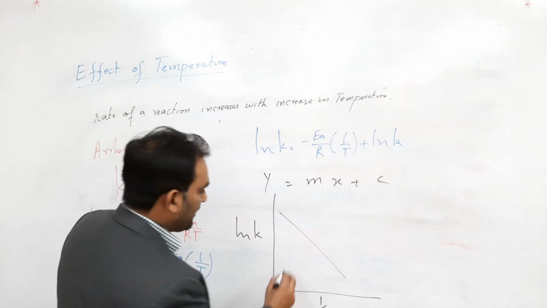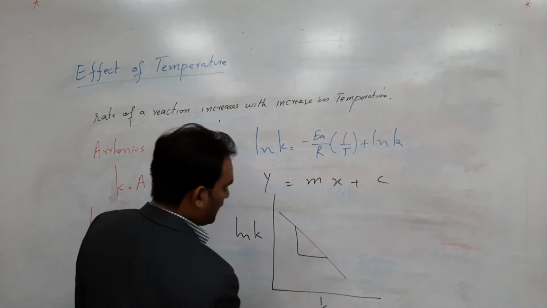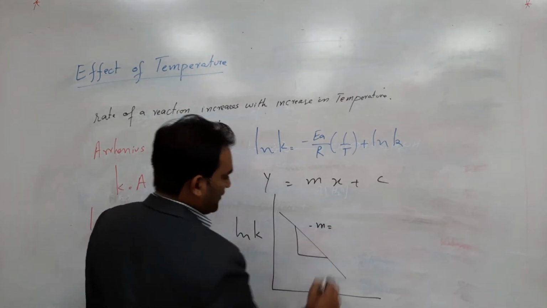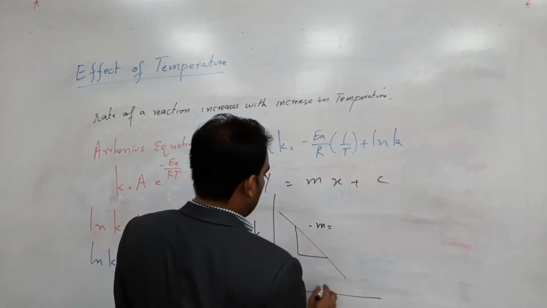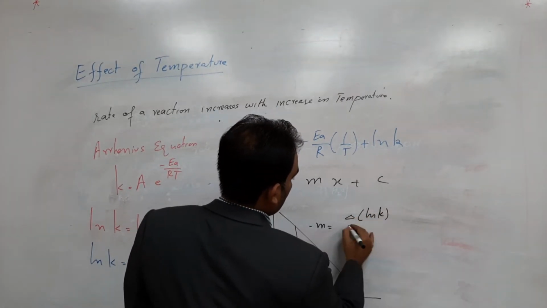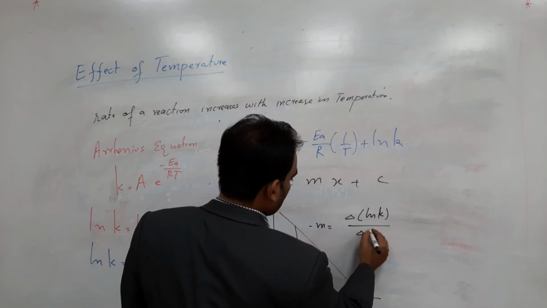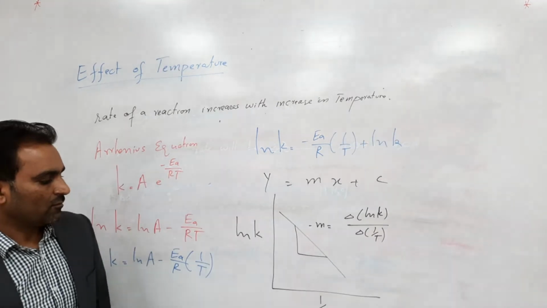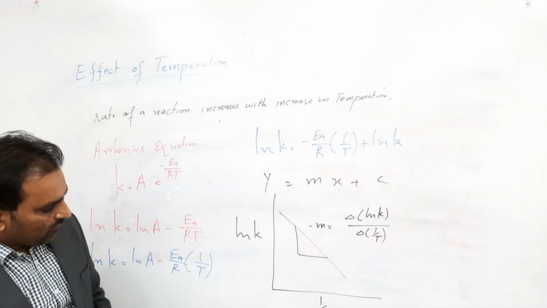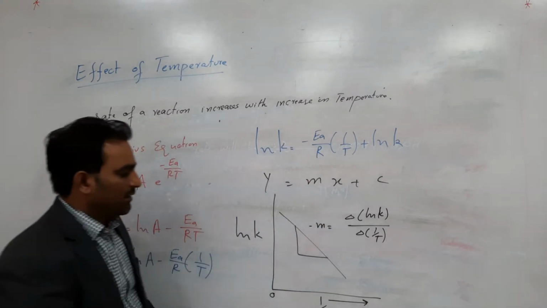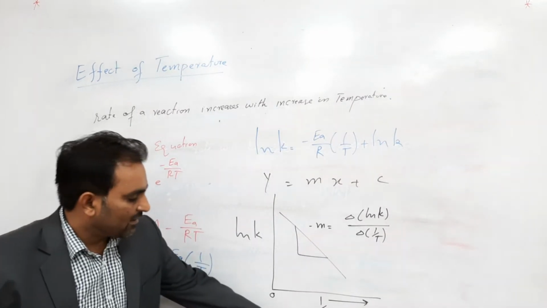And here the slope will be negative, minus E A over R, plotted against 1 over T.